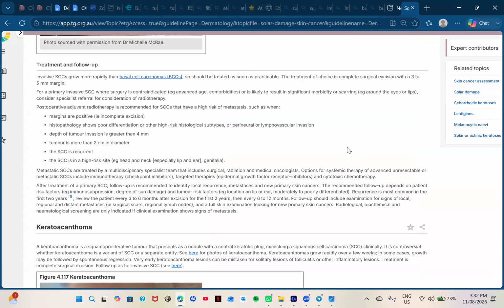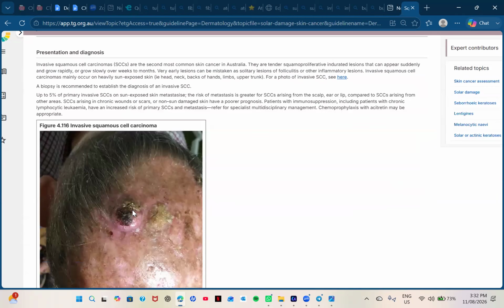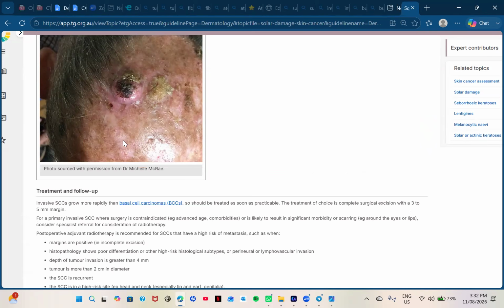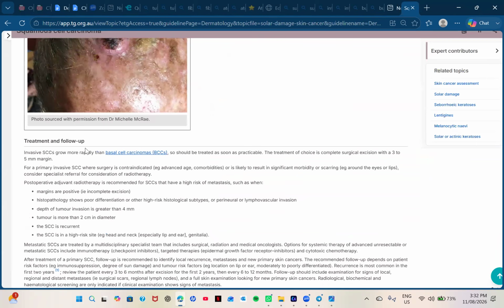Okay, this is the picture of a squamous cell carcinoma. The treatment: invasive SCC grows more rapidly than BCC, so it should be treated as soon as possible. Here, complete surgical excision with 3 to 5 margins. Don't confuse the centimeter.